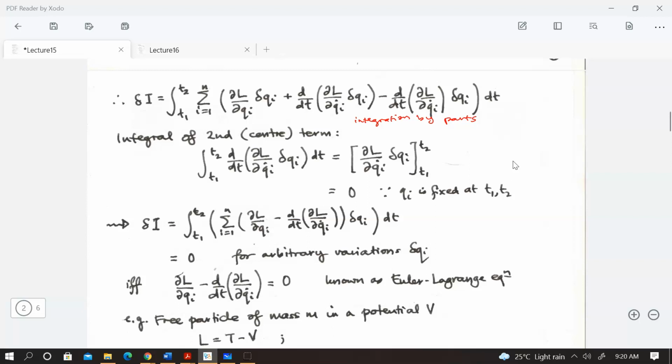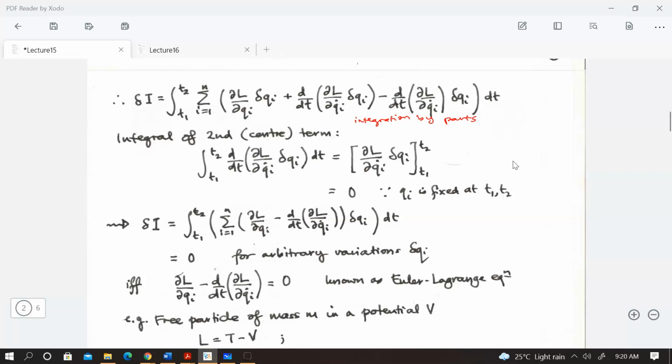Okay, so this total time derivative integrated over time will just give you this integral. I hope you understand this. I mean, this is just evaluating this integral, but you have a total time derivative. Essentially, you just evaluate this function at the endpoints t2 and t1.